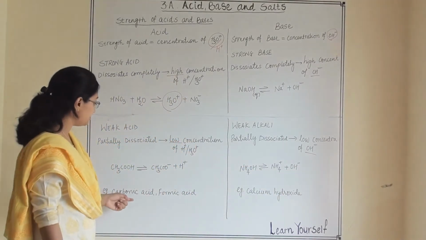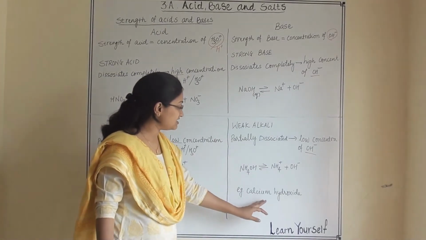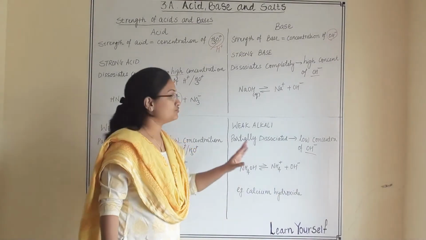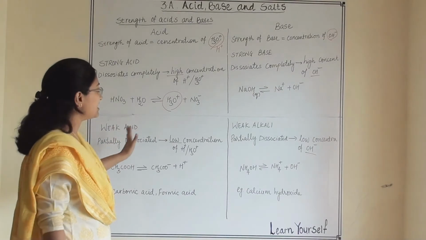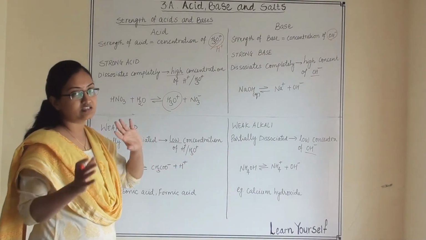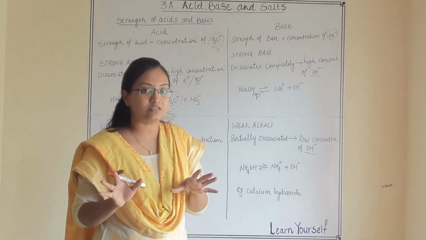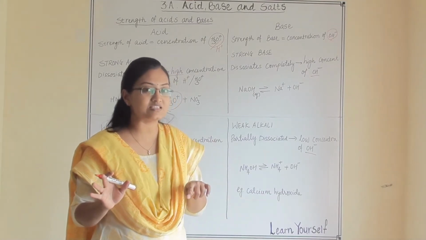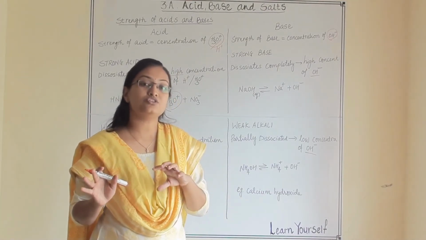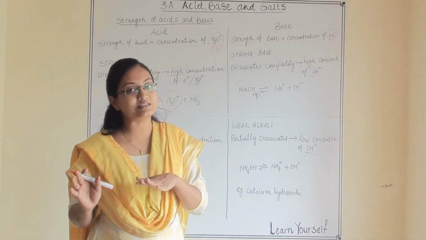Other examples of weak acids are carbonic acid and formic acid, and a weak alkali is calcium hydroxide. So this is the difference between strong acid, strong base, and weak acid, weak alkali. It completely depends upon the concentration of H plus and OH minus ion. If the concentration of H plus is more, it is a strong acid; if it is less, a weak acid. If the concentration of OH minus is more, it is a strong base; if it is less, then it is a weak alkali.